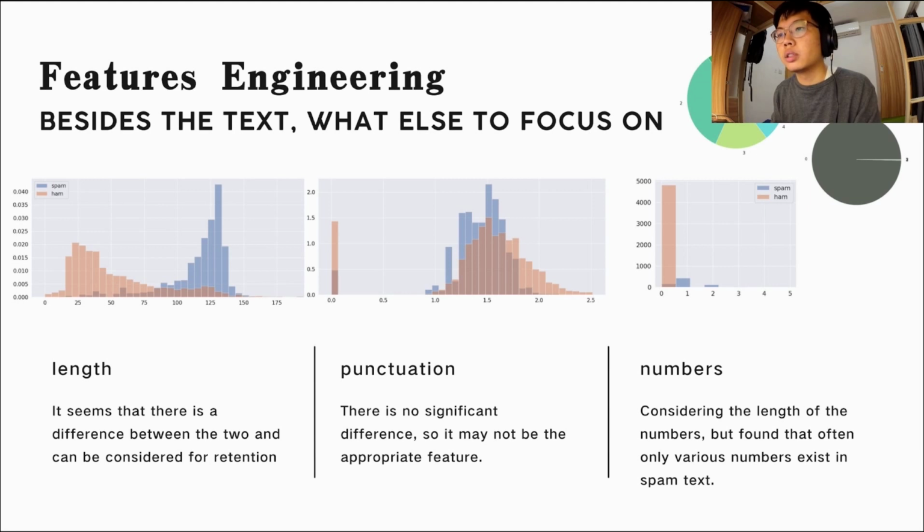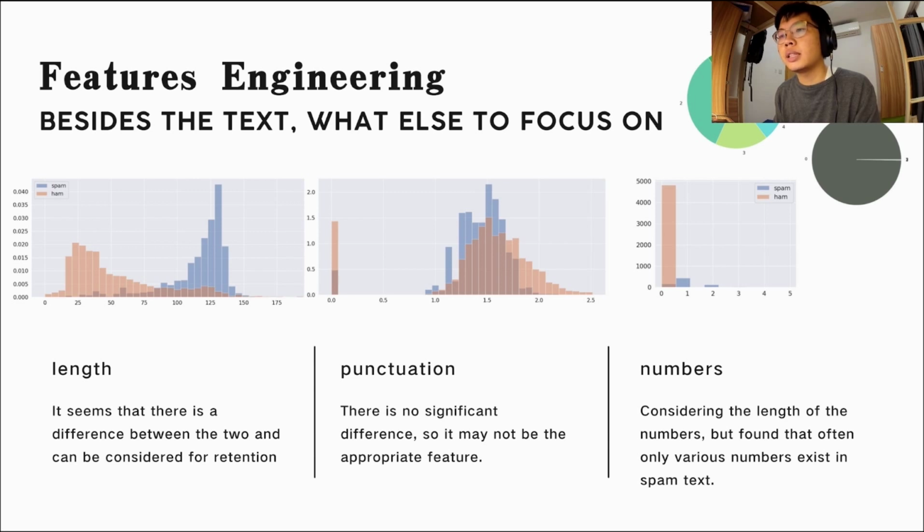The word vector is naturally an important feature of the text data. We use the TF-IDF vectorizer to transform the original text into a feature matrix. What else should we look for besides the text?